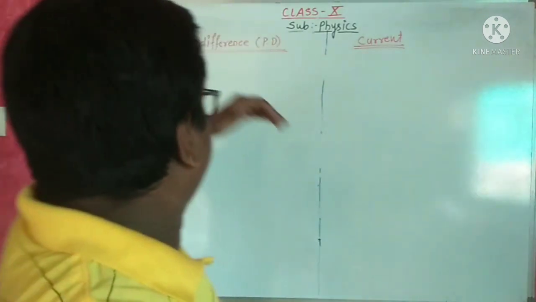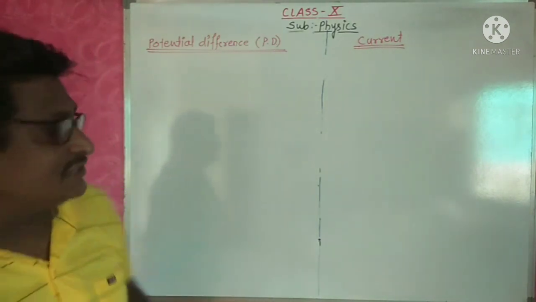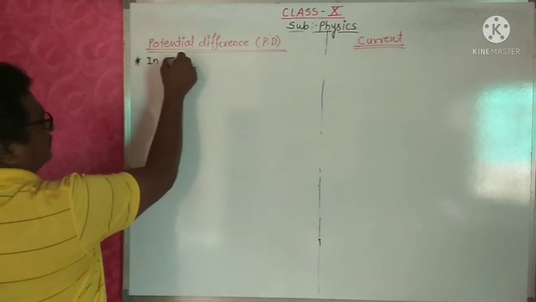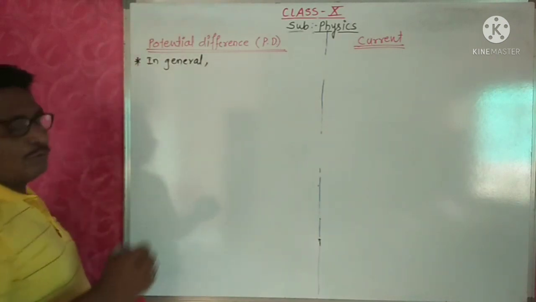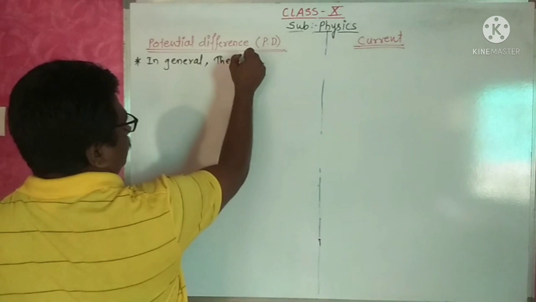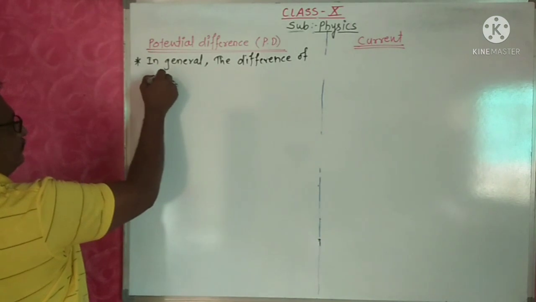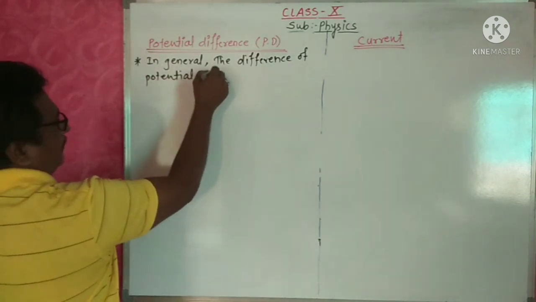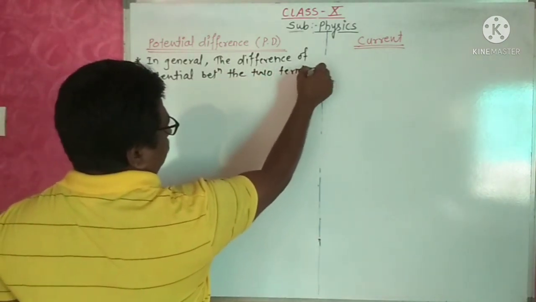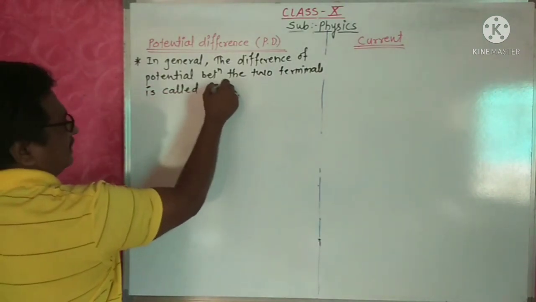Got it? Now we will come to the topic. So what is potential difference? In general, what is the potential difference? The difference of potential between the two terminals is called potential difference.